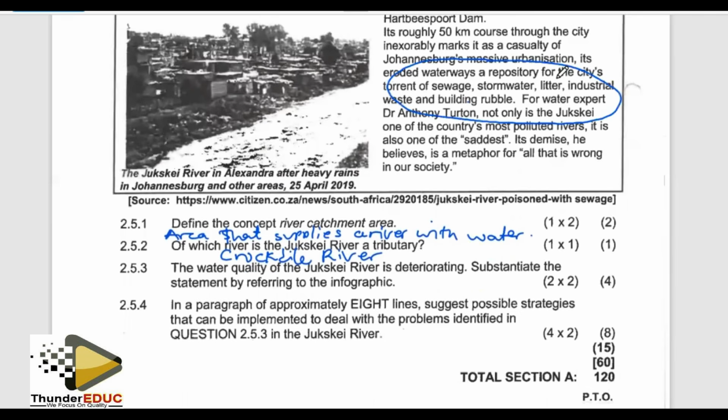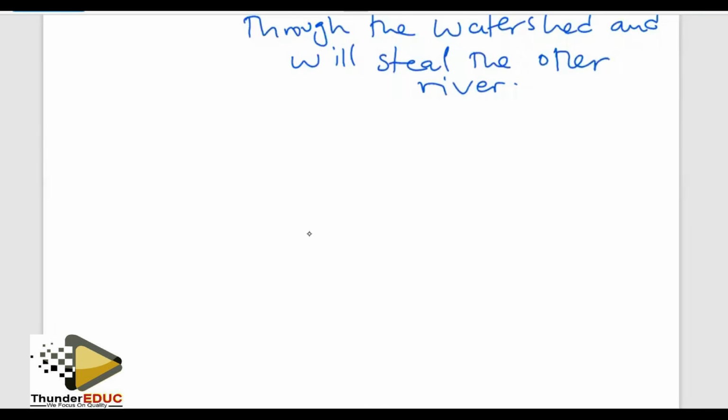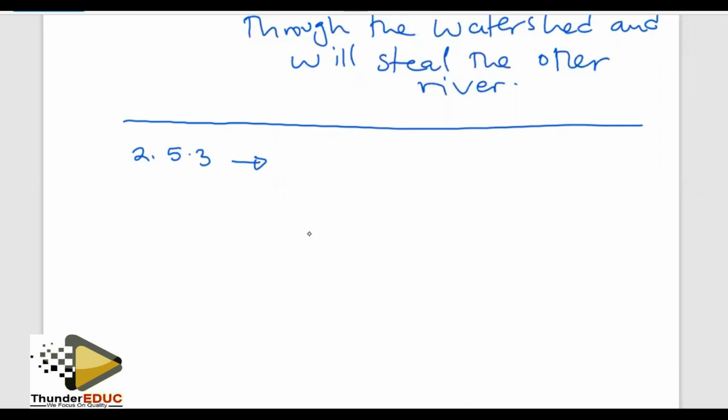Why is water quality deteriorating? 2.5.3.